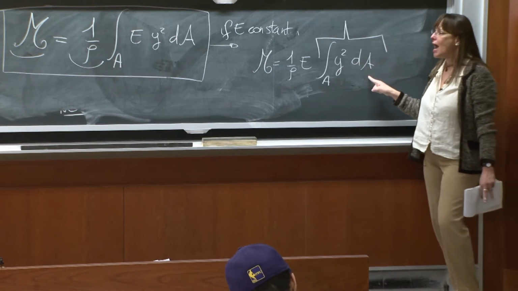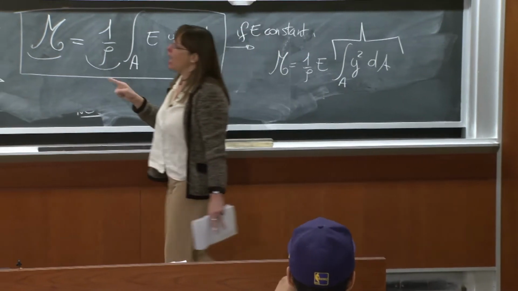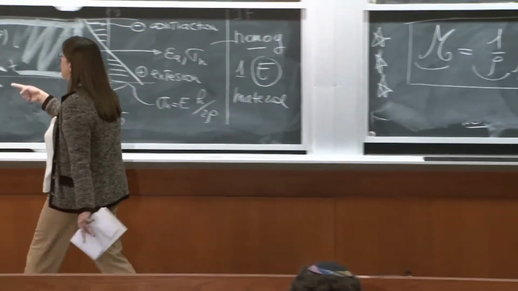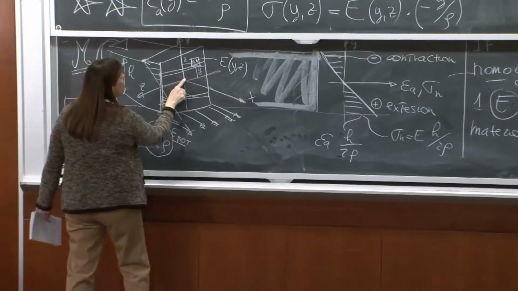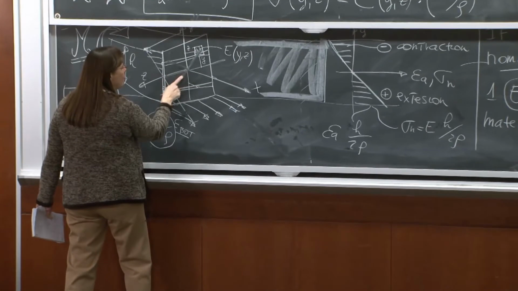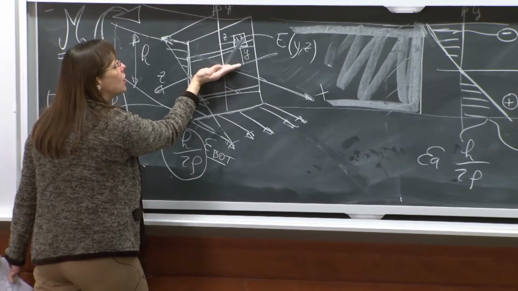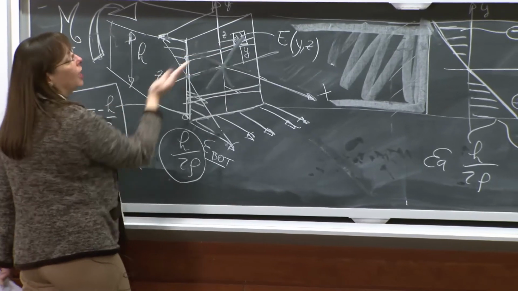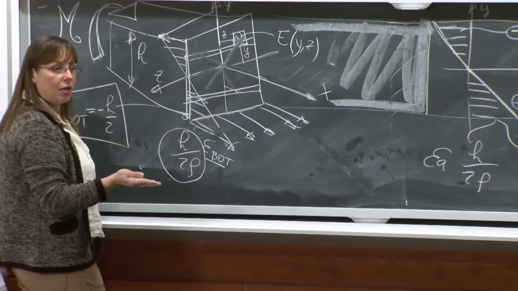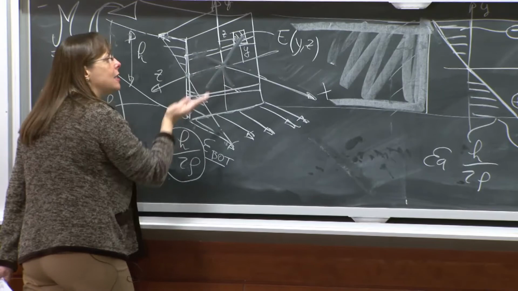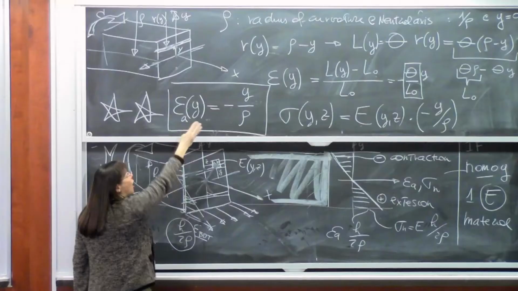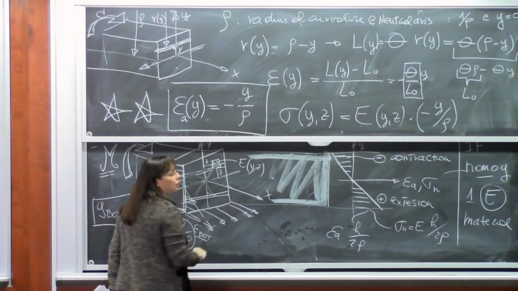In bending, I don't care how far I am from the center of the beam. I don't care about r. I don't care about the radial distance of spots. I'm only interested in how far I am from Switzerland, right? How far I am from the neutral axis. That's what matters.